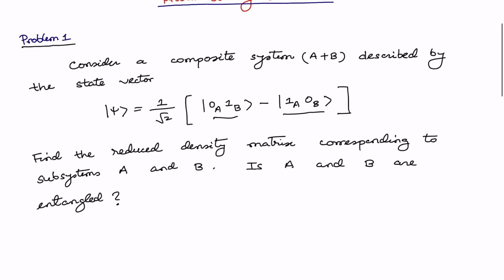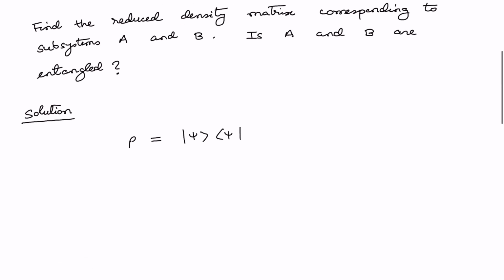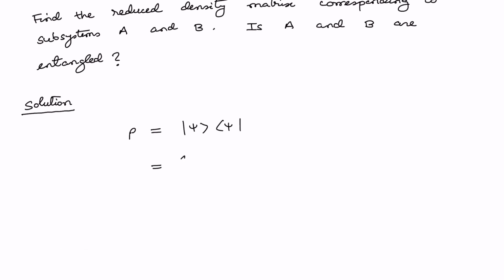So let us solve this problem. First of all, what we have to do is find the density matrix of the complete system. For the composite system, the density matrix is rho equal to ket psi bra psi, and if I write ket psi as 1 by root 2 times ket 01 minus ket 10.